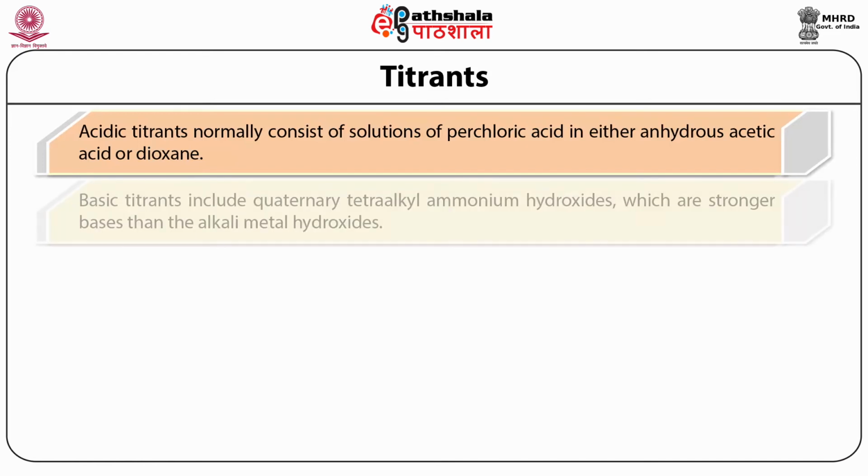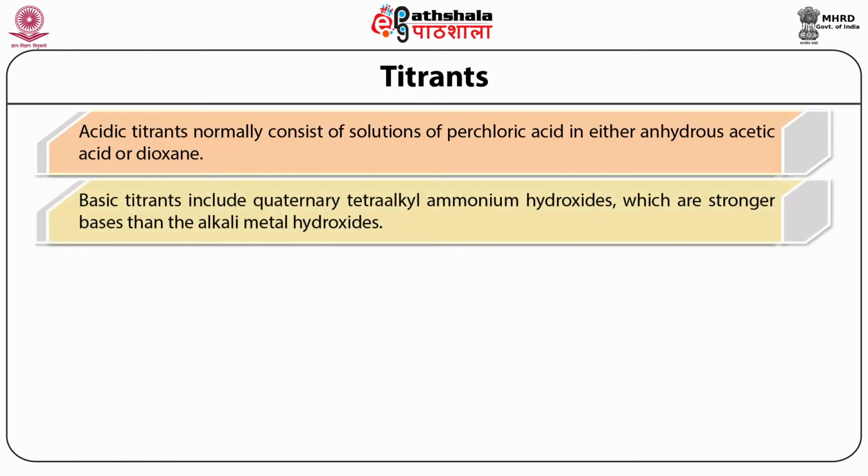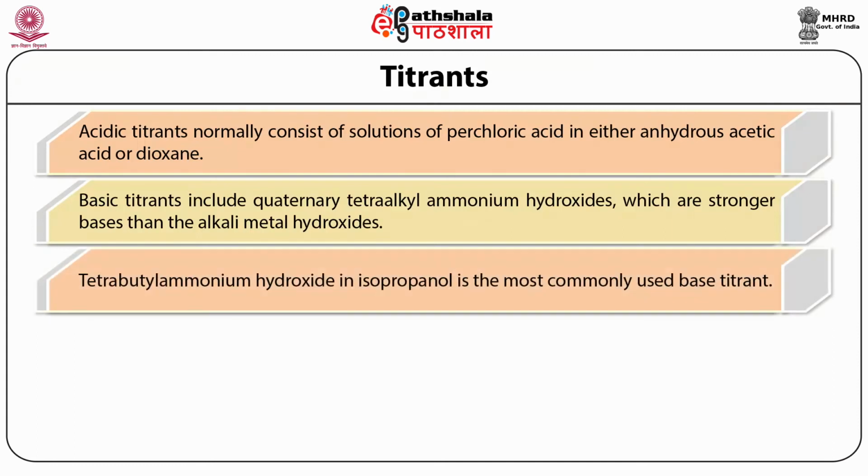Basic titrants include quaternary tetraalkyl ammonium hydroxides, which are stronger bases than the alkali metal hydroxides. Although the product salts of alkali metal ions are quite insoluble in non-aqueous media, quaternary ammonium salts are very soluble. Tetrabutylammonium hydroxide in isopropanol is the most commonly used base titrant.